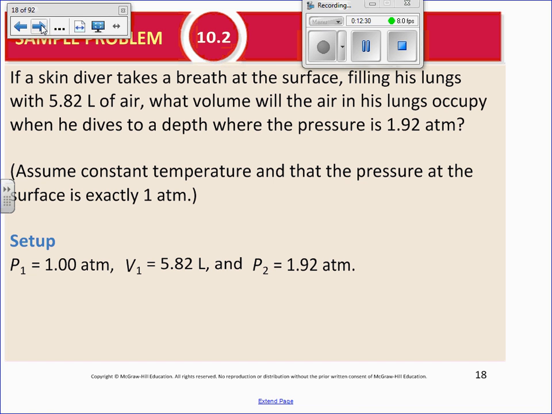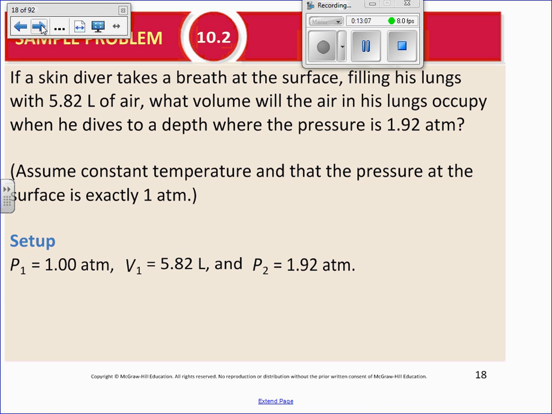So P1 was 1 atmosphere. V1 was 5.82 liters. We know that's got to equal P2, 1.92 atmospheres, times V2. Now we just solve for V2, which would be 1.00 times 5.82 divided by 1.92.